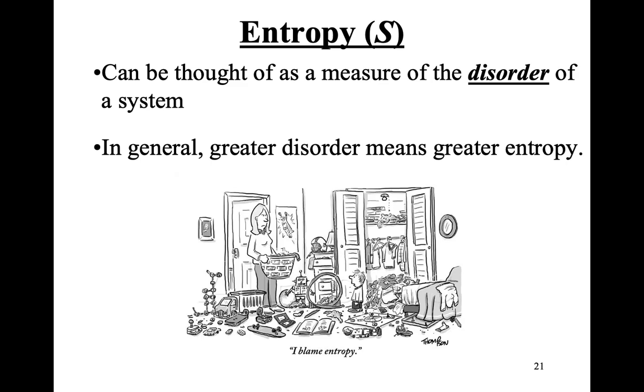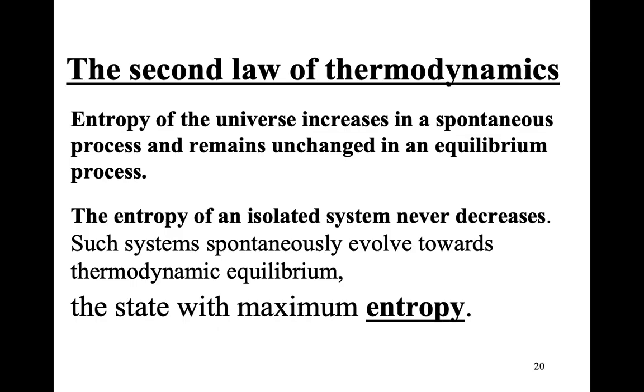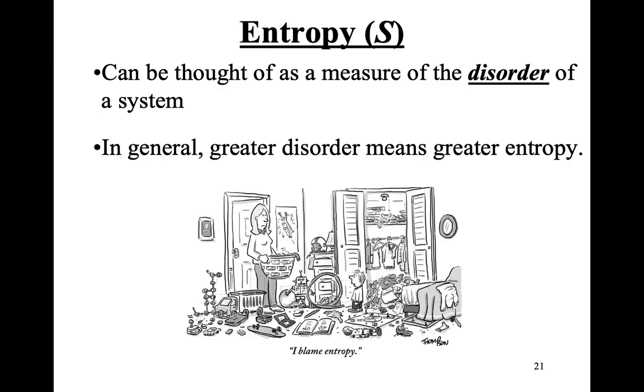So, why is your room messy? Entropy. What do you mean? That is the second law of thermodynamics. Your room will get messy, just the way it is. And what does that have to do with anything else going on around here? Well, once again, entropy has to do with disorder.